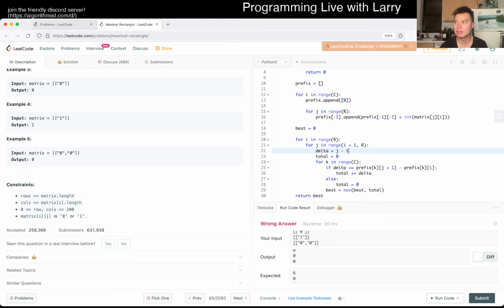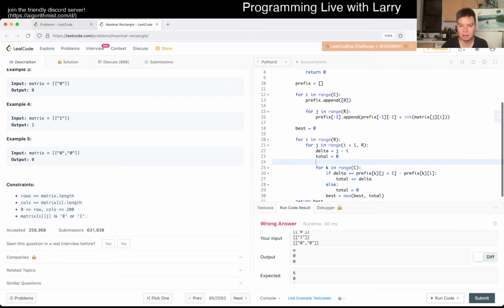Let's see. J plus 1. I think this should be good. C from 0. This should be good too, right?